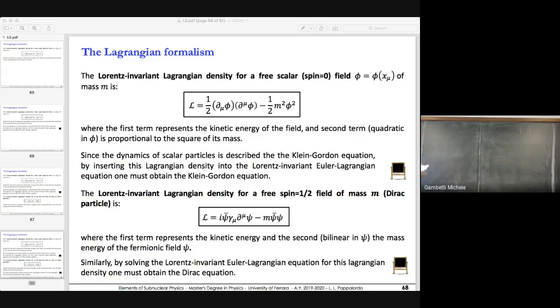So we start from our Lagrangian, which is i ψ̄ γ^μ ∂_μ ψ minus m ψ̄ ψ. Let's first consider the Euler-Lagrange equation for the case where our field is the adjoint spinor. So the Euler-Lagrange equation becomes ∂_μ (∂L/∂(∂_μ ψ̄)) minus ∂L/∂ψ̄ equal to 0.